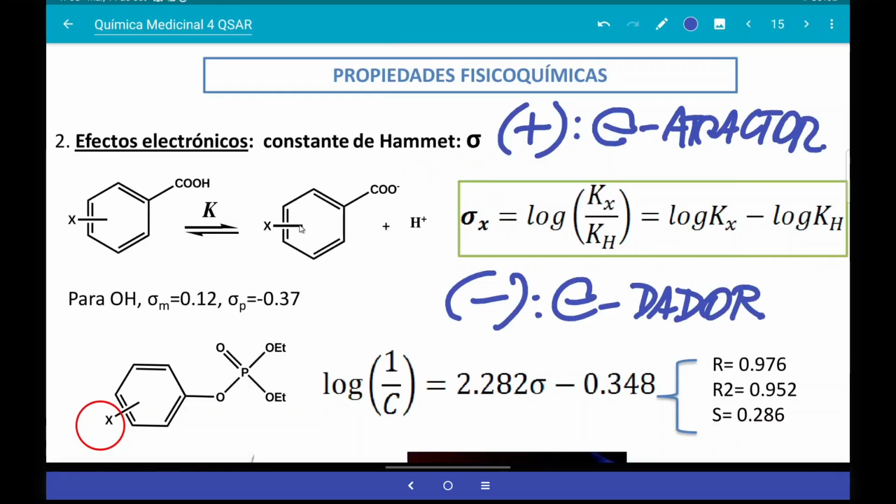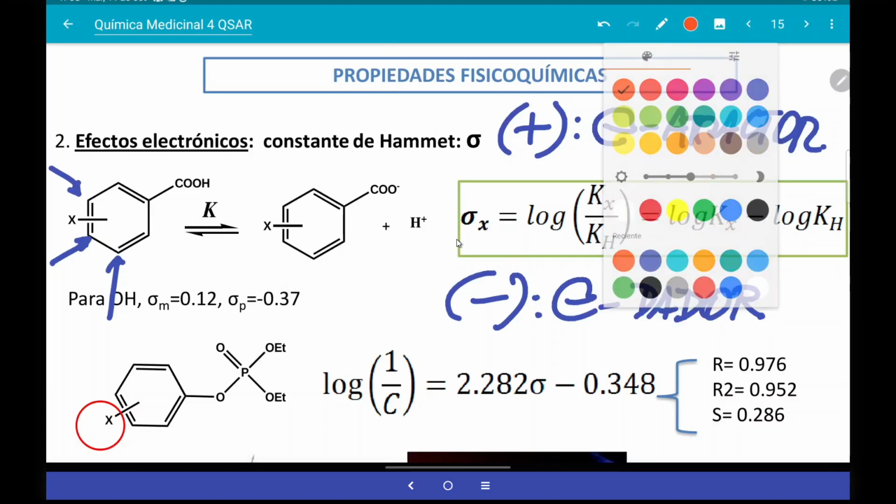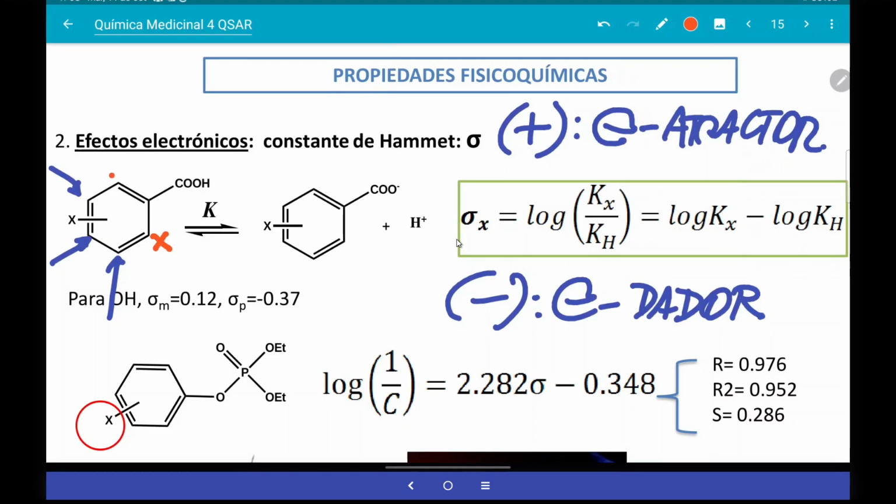That is, we can measure the effect in the meta position and in the para position, but not in the ortho position, because if the substituent is in the ortho position, not only does the electronic effect on the dissociation of benzoic acid prevail, but also the steric effect.